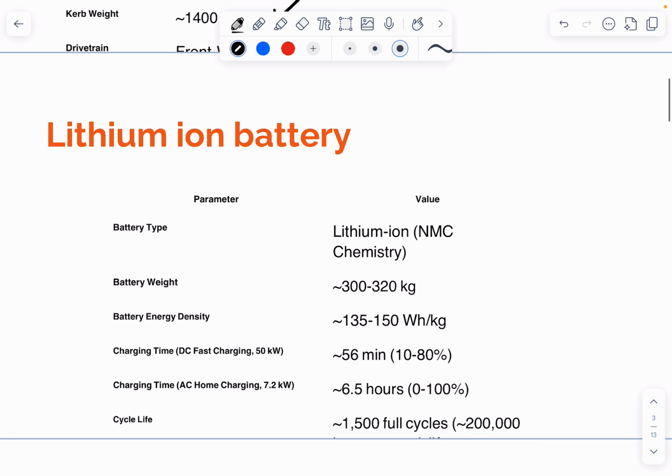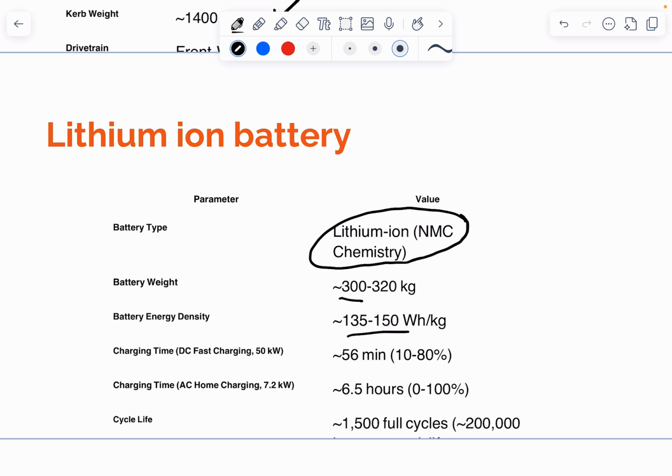As I said, the battery specifications are more important because the values of energy which go into the production of the battery would depend upon what chemistry we are talking about. So we would be talking about a lithium ion battery whose typical weight is about 300 kgs, right? It is going to provide us about 135 watt hours of energy per kg of its weight.